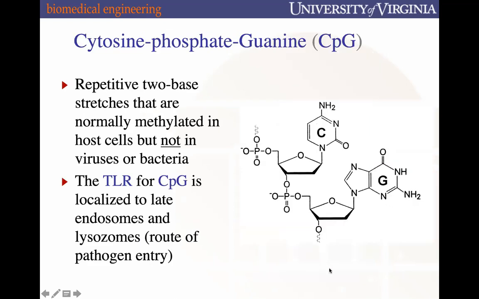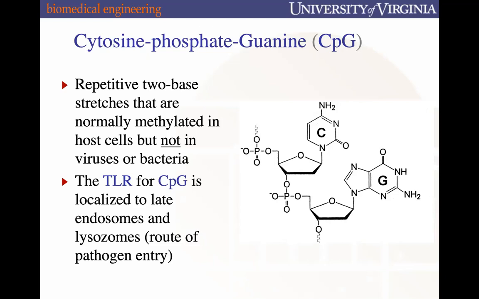So as I mentioned before, another ligand for our toll-like receptors is these CpG islands, these cytosine phosphate guanine islands. Different segments of DNA are CpG rich or CpG poor.